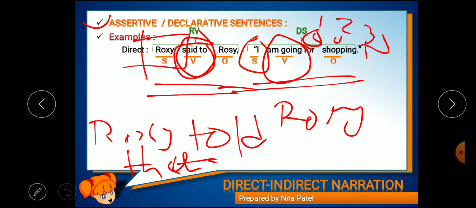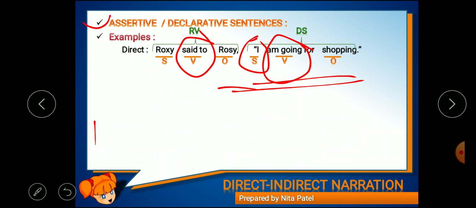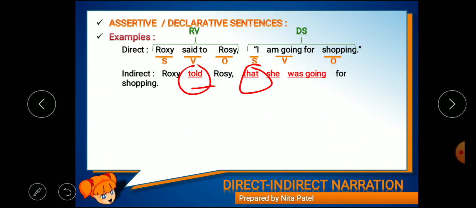Roxy told Rosie that she was going for shopping. You can see I have already marked the changes that I have made. Said to will change into told. We have used that, and I have removed these inverted commas, and I will convert into she. Am going for will convert into was going for, and other things remain the same.